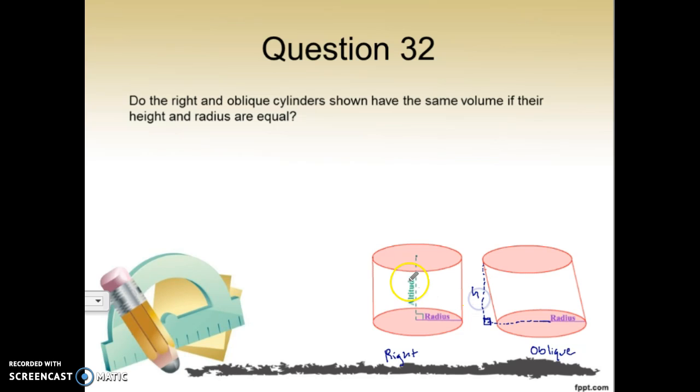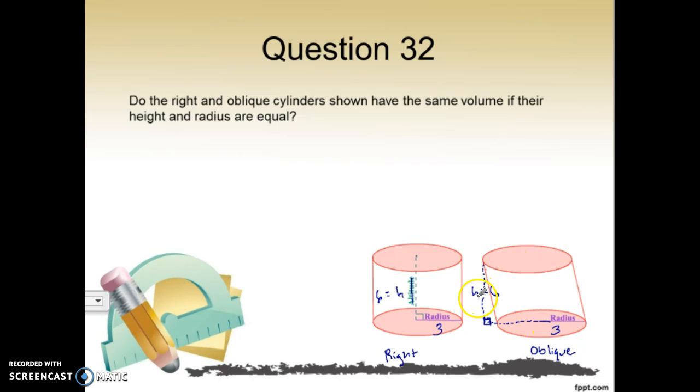This would be h, and here they call it altitude. We're going to call it height for the purpose of this problem. All right, so let's say that the radius of this one is 3, and the height of this guy is, oh, I don't know, let's make up a number. Let's say 6. All right, so then let's say that this guy is 6, and this guy is 3.